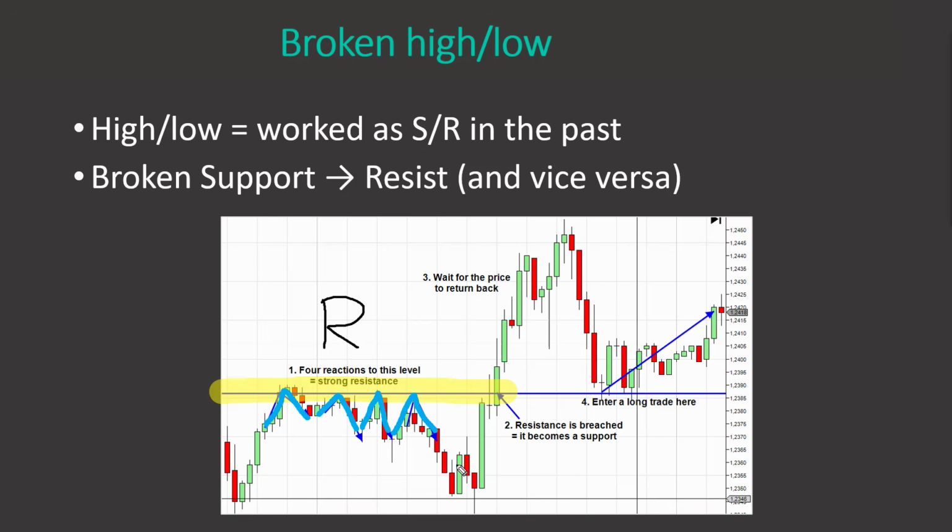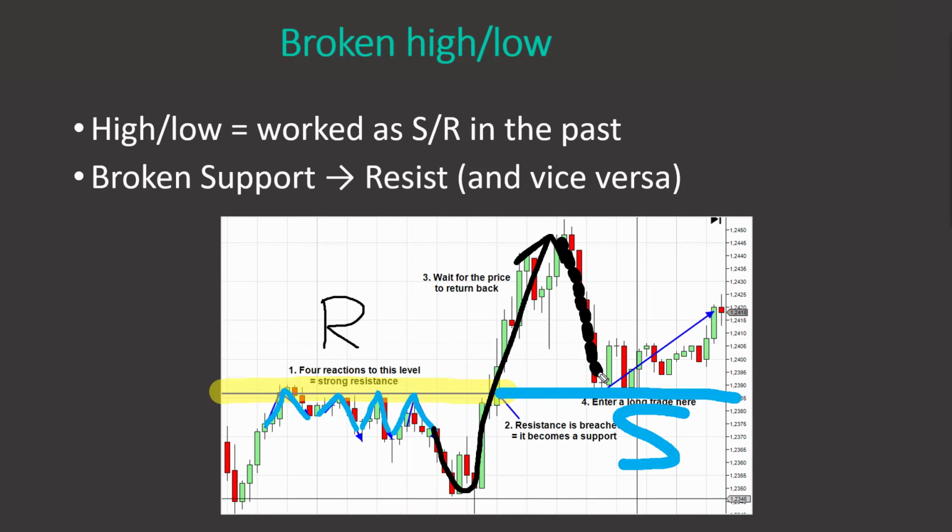Right? Resistance. What happened next was the price went past that resistance, so that resistance turned into a newly formed support. So what do you do? Wait for a pullback and take it from there. Trade that support.